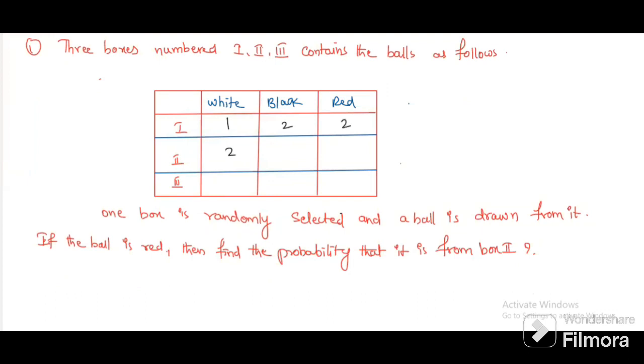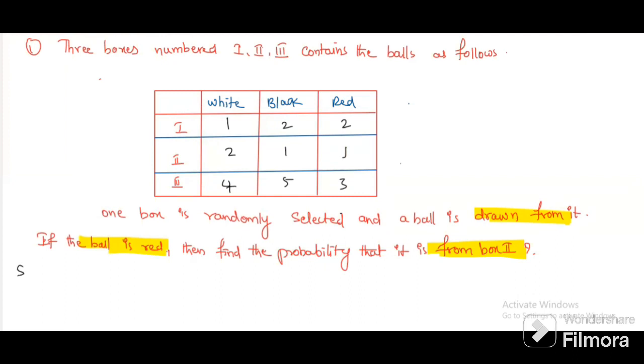In the second box, 2, 1, 1. In the third box, 4, 5, 3. One box is randomly selected and a ball is drawn from it. If the drawn ball is red, then find the probability that it is from box 2.